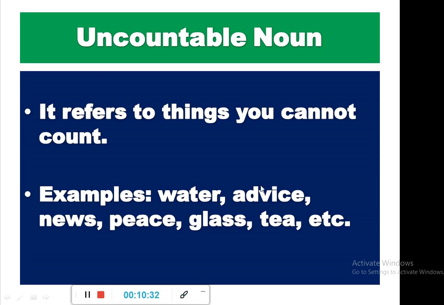When we use partitives, we can pluralize the uncountable noun. In terms of advice, you can talk of pieces of advice. When you talk of news, you can talk of items of news, and so on and so forth.